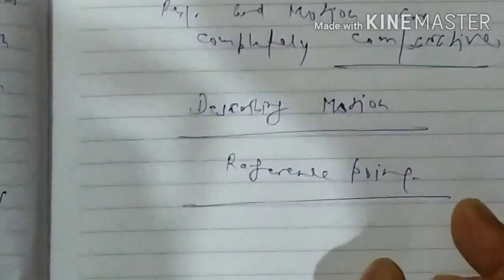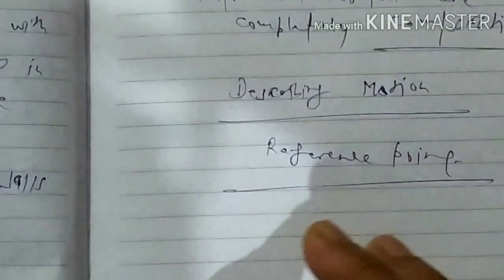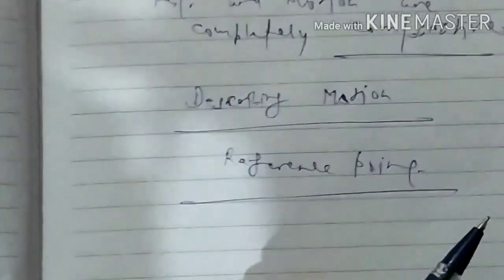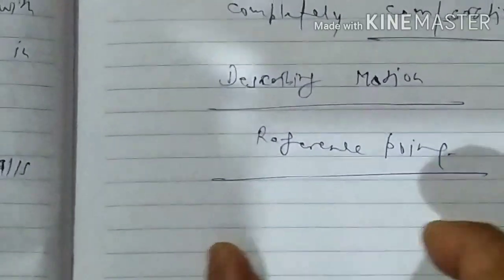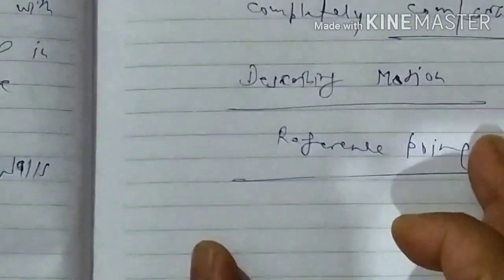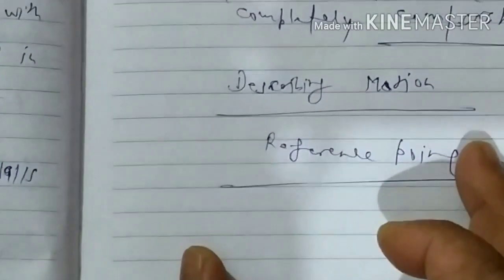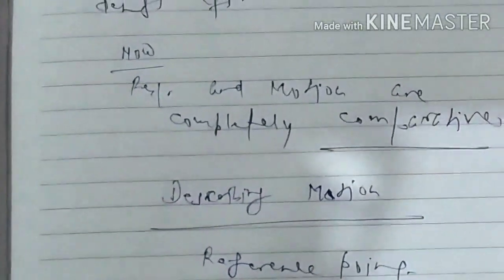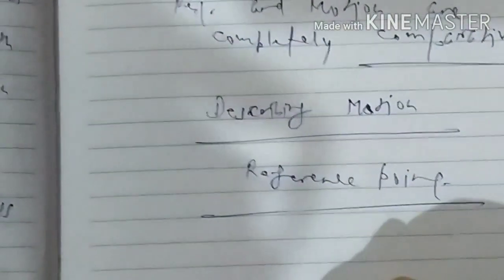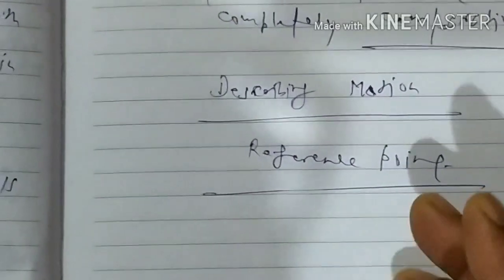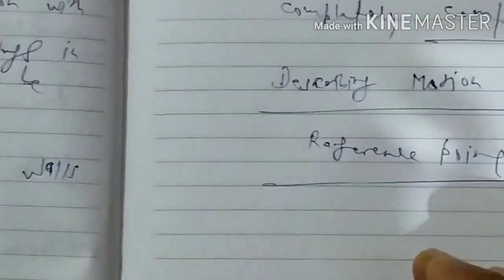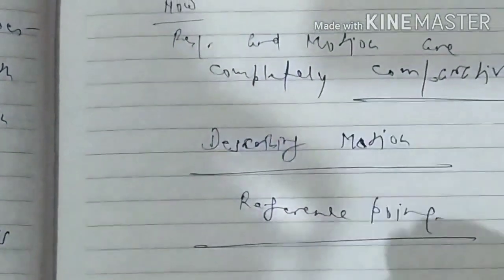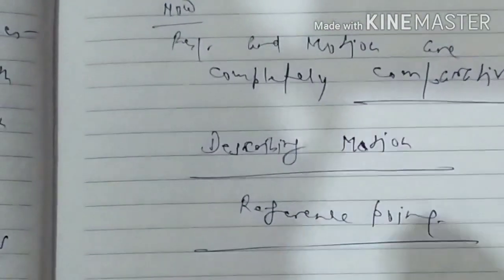As in your measuring scale, there is a point 0. If you start to measure any length from 0 inch, then 0 is your reference point. But suppose the 0 inch of your measuring scale is broken, and you start the measurement from 1 or 2 or 1.5, any digit, then that point is the reference point.